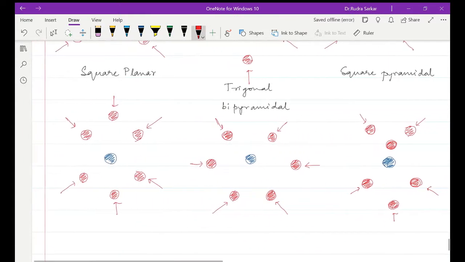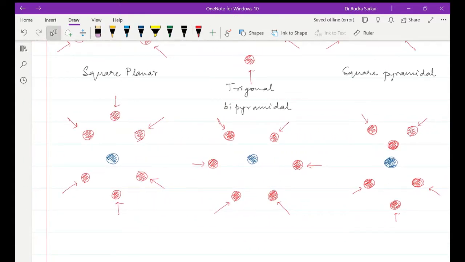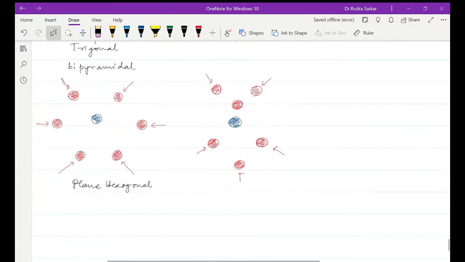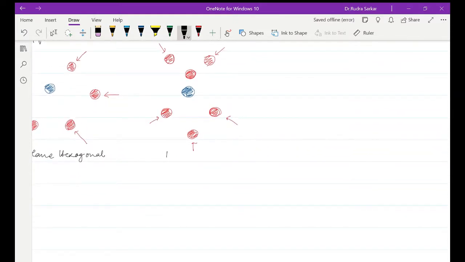Okay, I could have taken it a little bit higher, so we will keep that for another part of the lecture. So these are the possible arrangements in which we are calling this the octahedron, this planar hexagonal, and this trigonal prismatic.